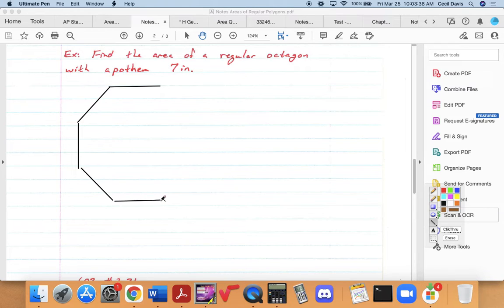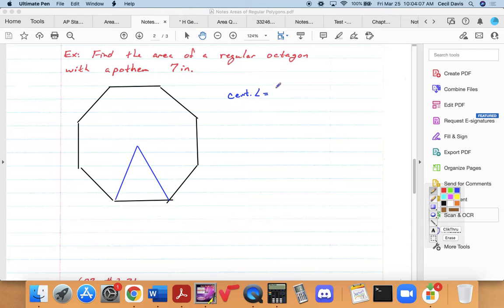Once it gets past that, I just draw parts. Just like with the last one, I'll draw in one central angle and figure out its measure.